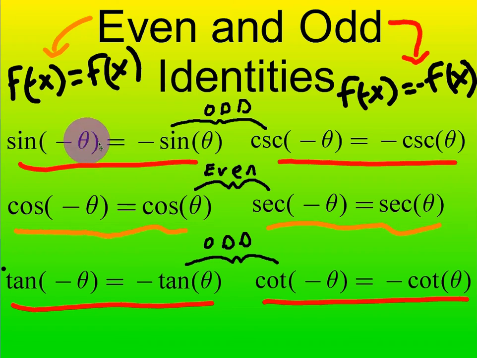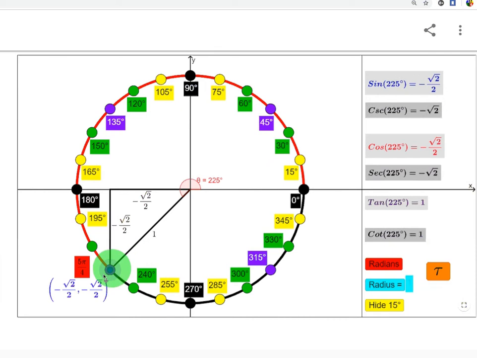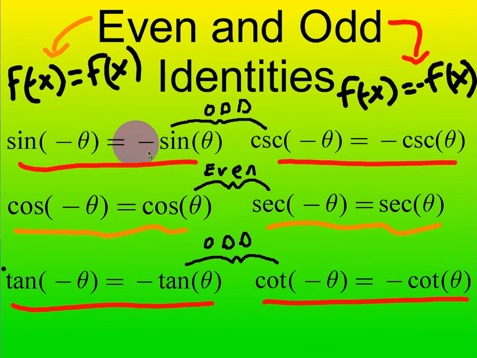Let's say we wanted to do sine of negative 135. Well, sine of negative 135 would be the same as 225, which is negative square root of 2 over 2. If we go back and look at our identity, is it the same as negative sine of 135? If we go back to the unit circle, we want to take sine of 135 and make it negative.